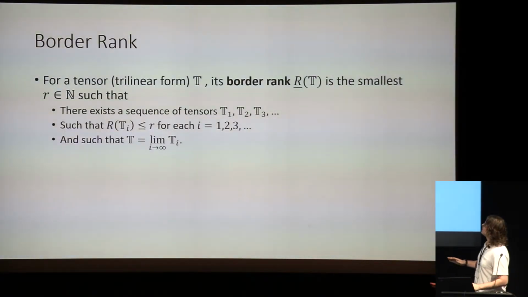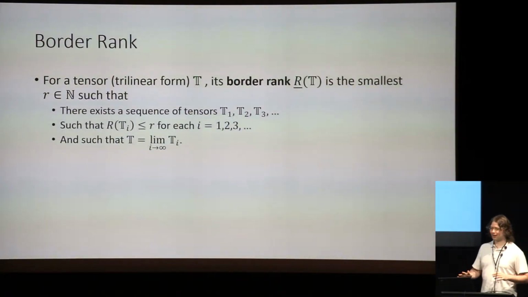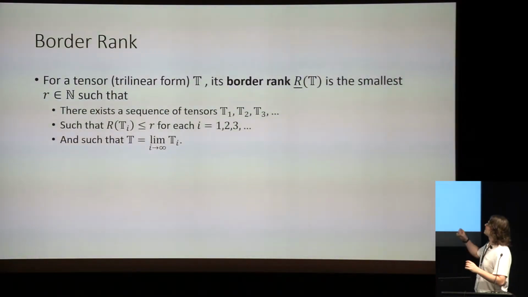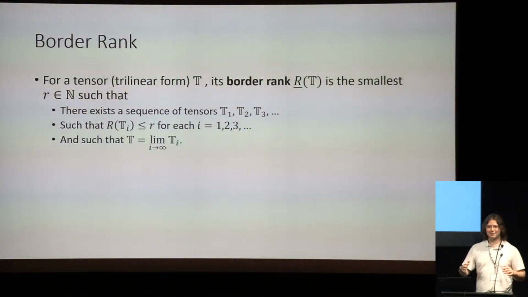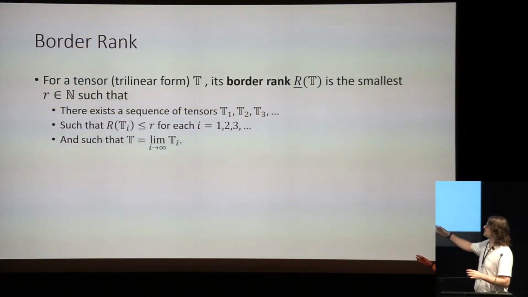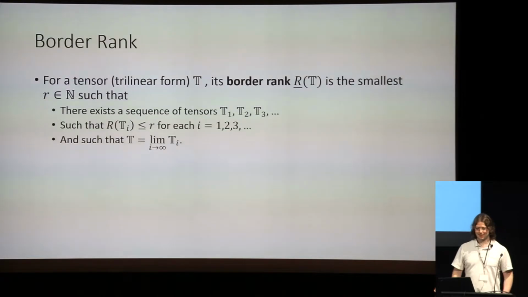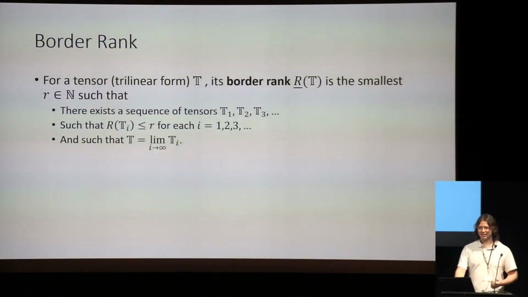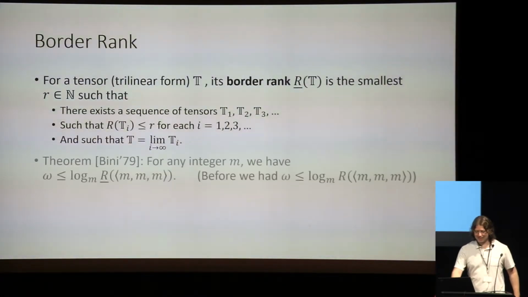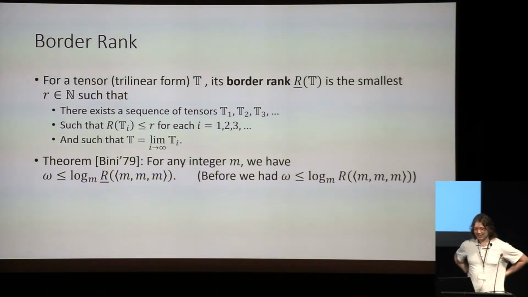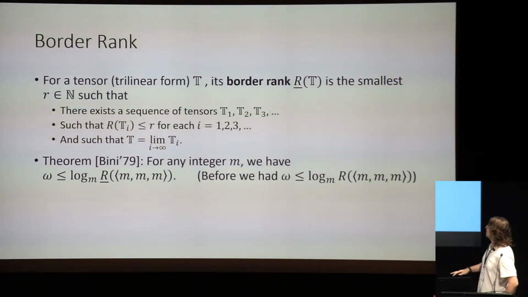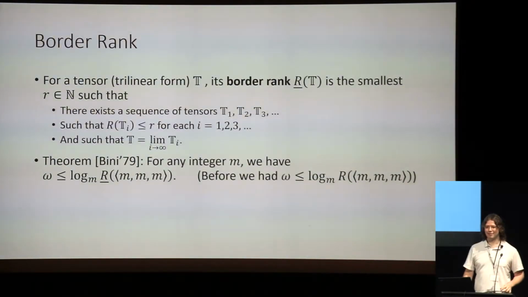So the border rank of a tensor T is the smallest number R such that there's a sequence of tensors, T1, T2, T3, such that each of those tensors has rank at most R, and such that the limit of that sequence of tensors is our tensor T. So T has border rank R if there's a sequence of rank R tensors that converge to T. And what's nice about this is that Bini showed in '79 that instead of looking at the rank of these matrix mult tensors, we can replace it by the border rank in this expression and still get the exact same kind of bound on omega.